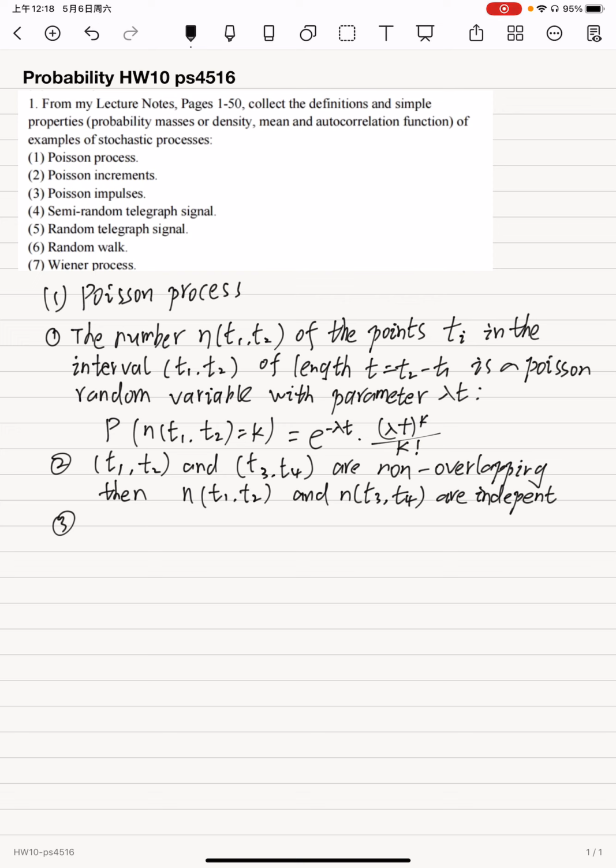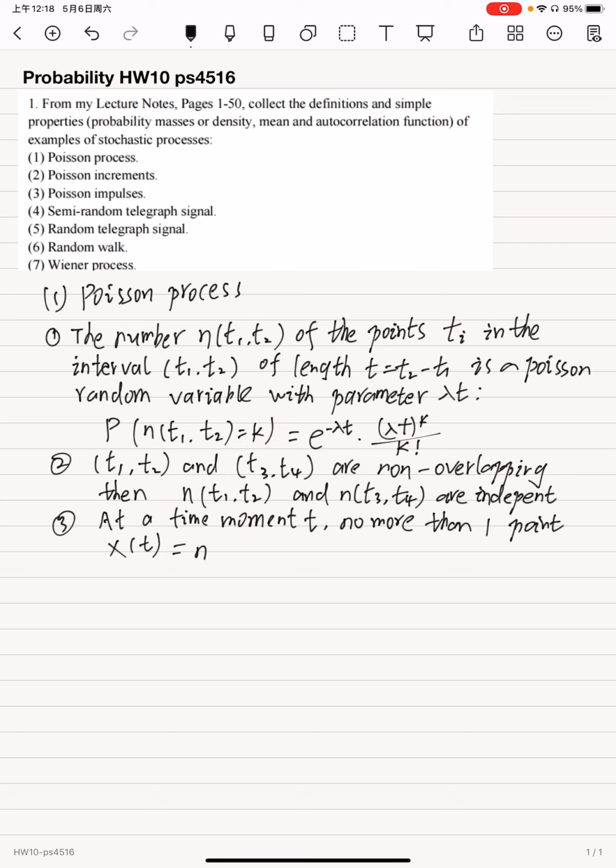And the third situation is that at any time moment t, there is no more than one Poisson point. And then we form the stochastic process.